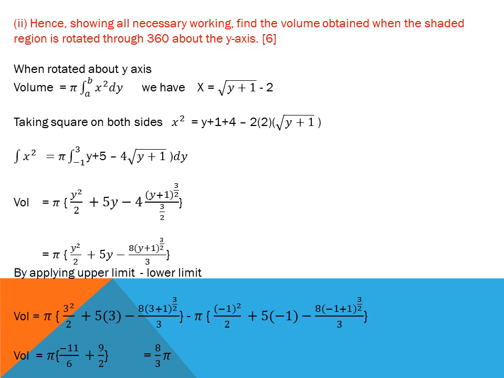I place minus 1 in place of variable y: minus 1 square over 2 plus 5 into minus 1 minus 8 into minus 1 plus 1 to the power 3 by 2 over 3 by 2. Here it is not 3 but 3 by 2; by mistake I wrote 3. When I simplified this using a calculator, I found pi into minus 11 by 6 plus 9 by 2. So the final answer is 8 over 3 pi.